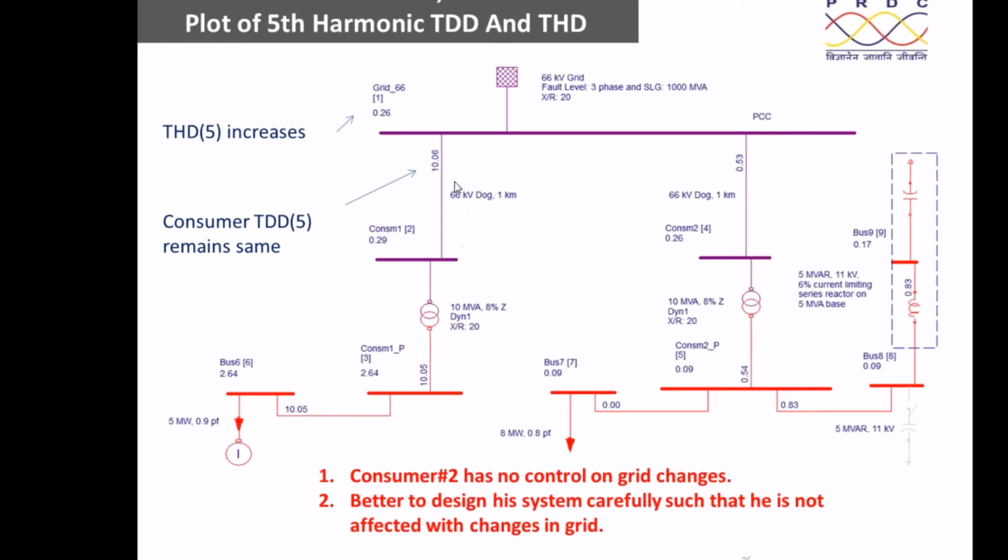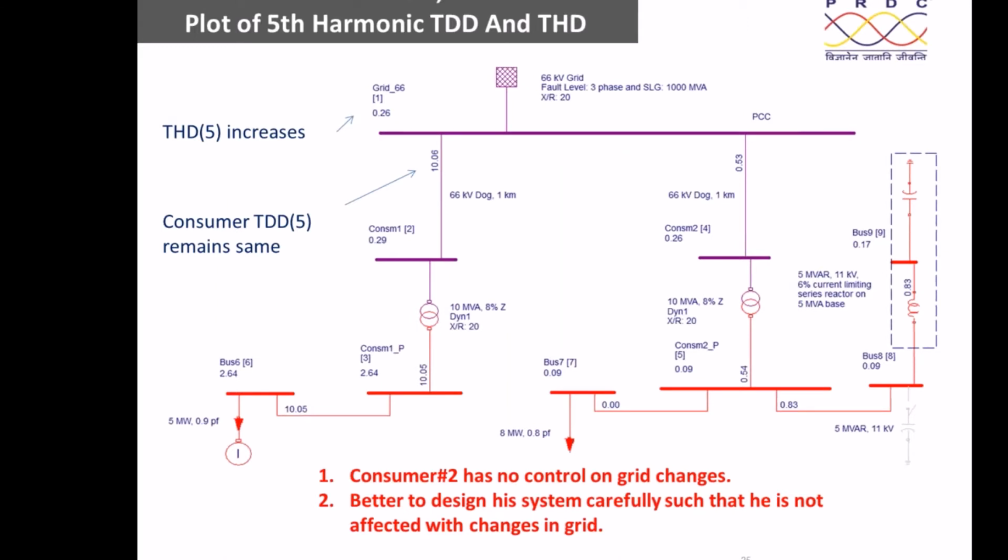This consumer was getting affected, but what he has done is he has now insulated his system by having a current limiting reactor in the beginning, in the design stage itself. Therefore, whatever happens in the grid, he is not getting affected. Consumer 2 has no control on the grid changes, so it is better to design his system carefully such that he is not affected by the changes in the grid.